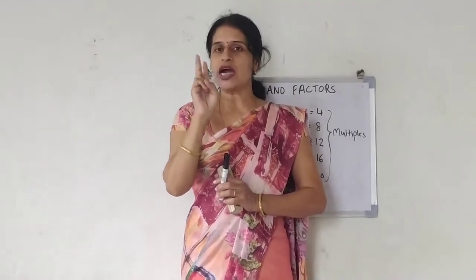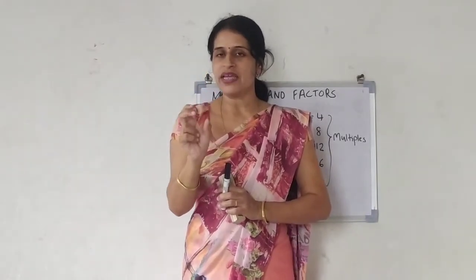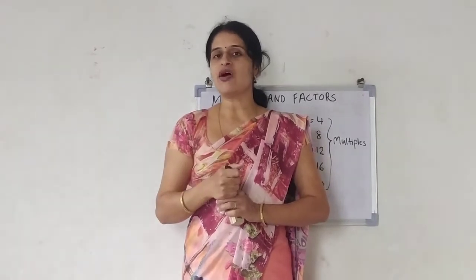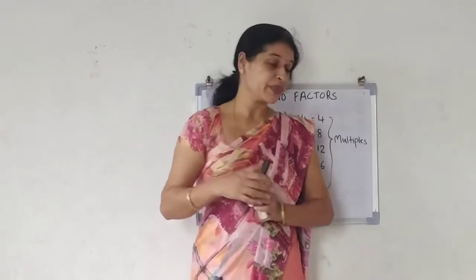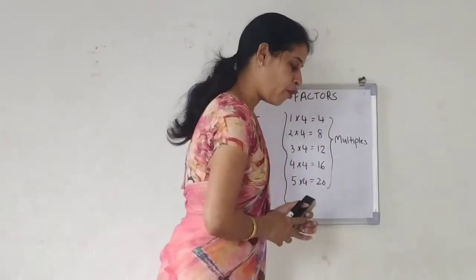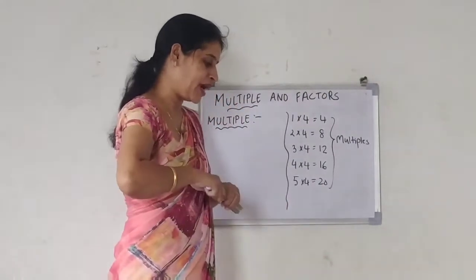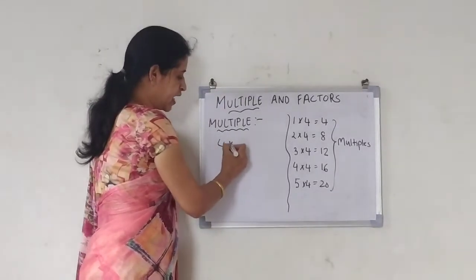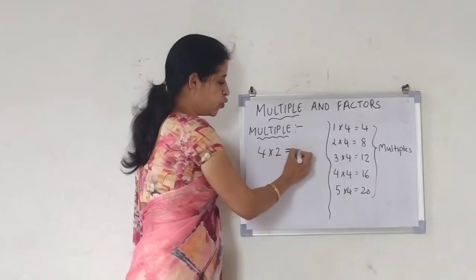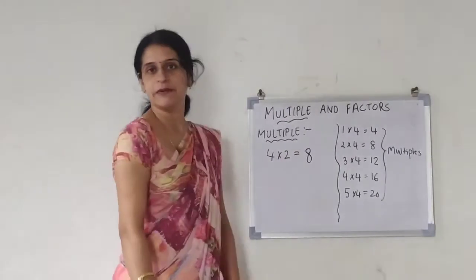So the answer you get when you find the product of two numbers is a multiple of a number. Let's see on the board. Suppose I write 4 into 2 is 8.